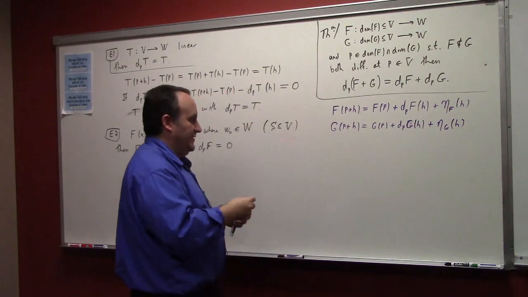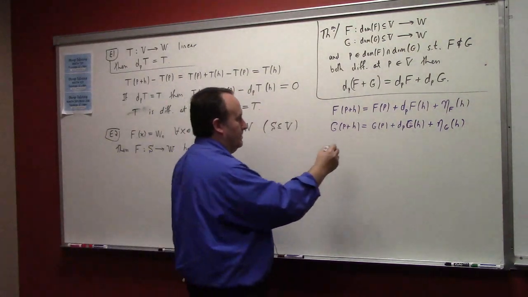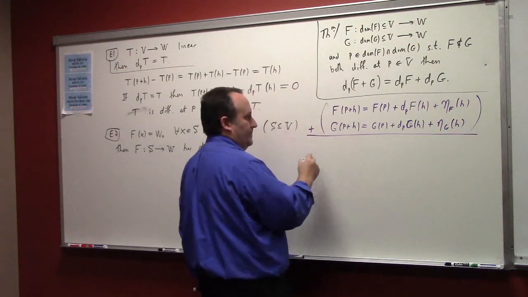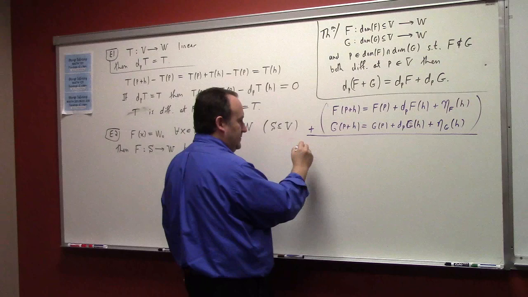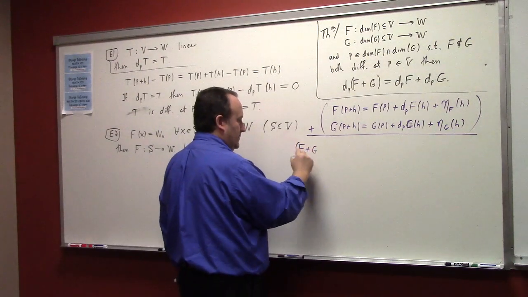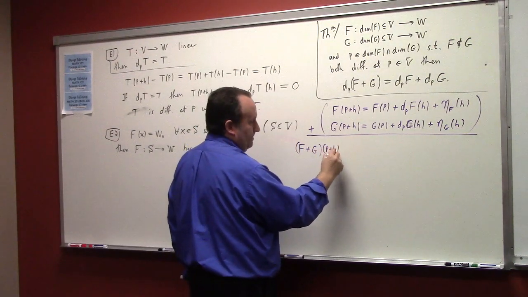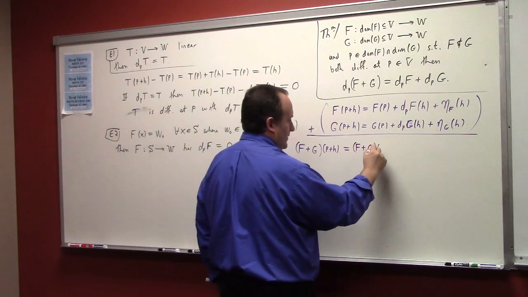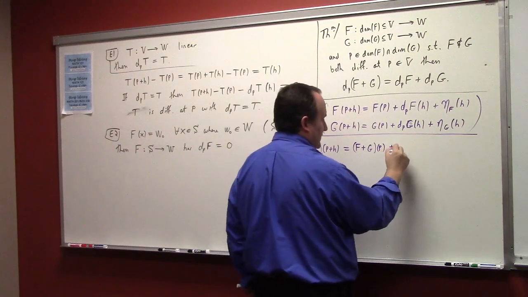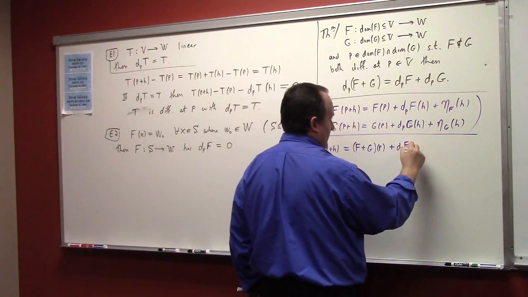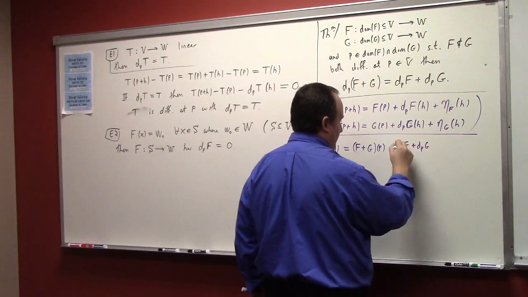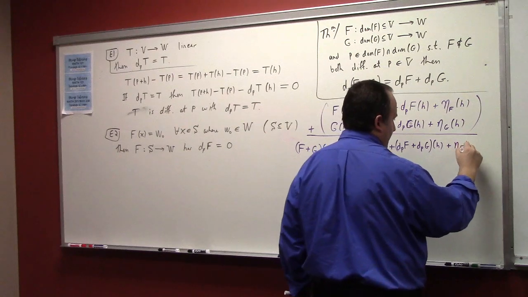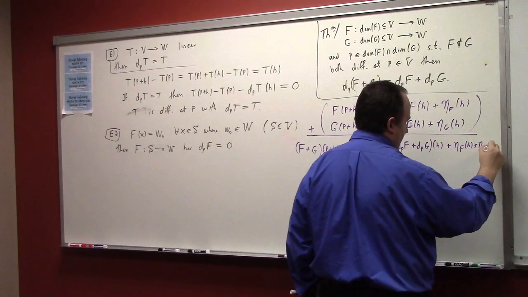And then if I add these, what happens? I get f plus g of p plus h is equal to f plus g of p plus the differential at p of f plus the differential at p of g of h, plus eta f of h plus eta g of h.